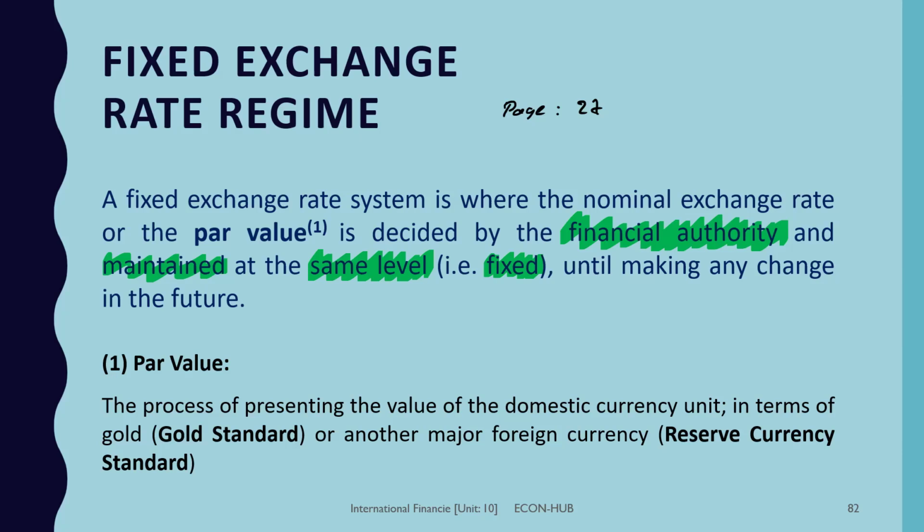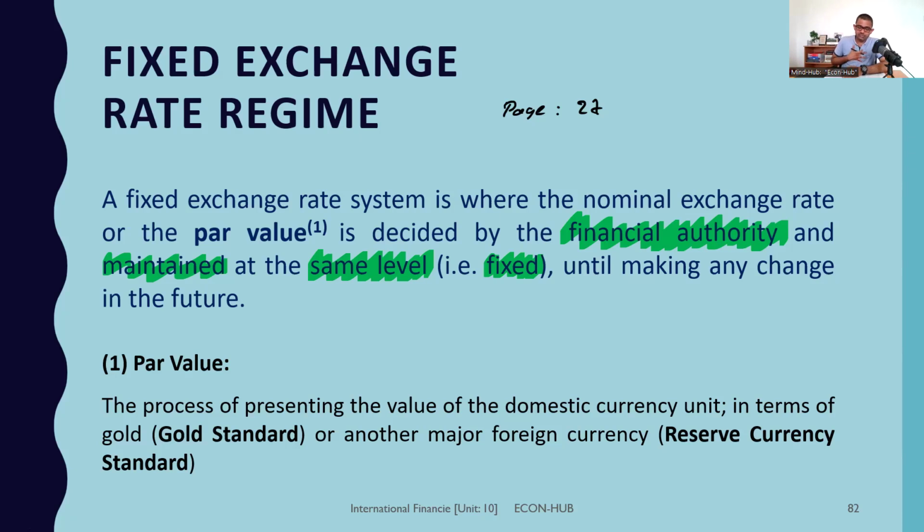Now what happens is, if a central bank is able to increase its reserves, if a central bank has more reserve assets with it, the outcome is they can give a higher value for their currency.